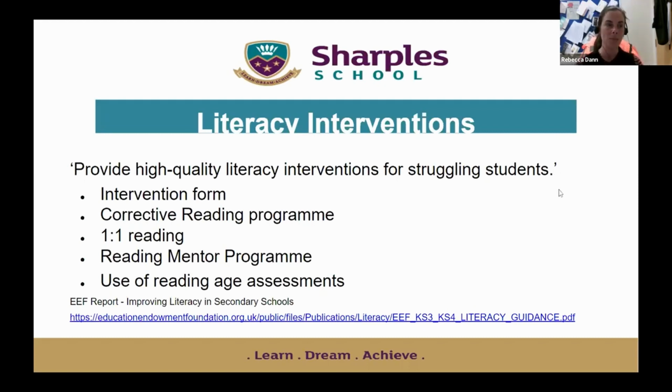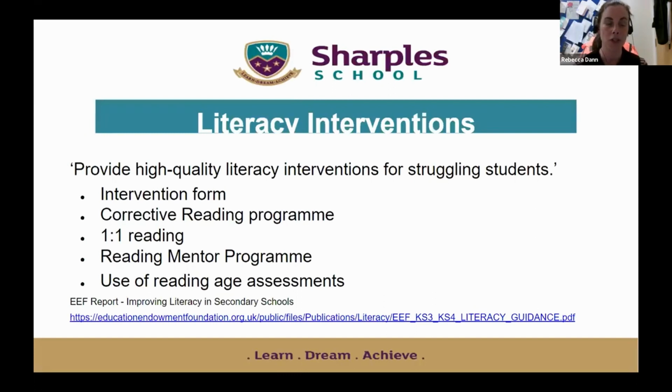So I think that's really important, that you've got a high profile for literacy whole school for all students, but then as well as that, there needs to be extra for the students who have started secondary school behind their peers. So as I've said, we have an intervention form where students are placed to have more support and more literacy provision based on their information from primary schools.